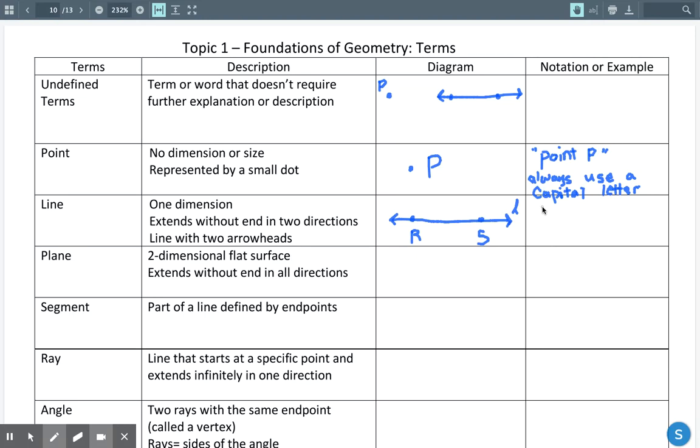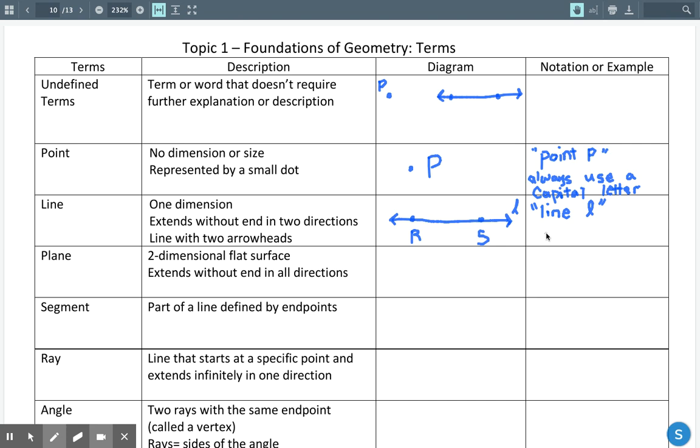Okay, so we would call this line L. There, that's much better. So line L. And that's how we would say it. I'm going to put it in quotes because that's how we would actually say it. We would say line L.